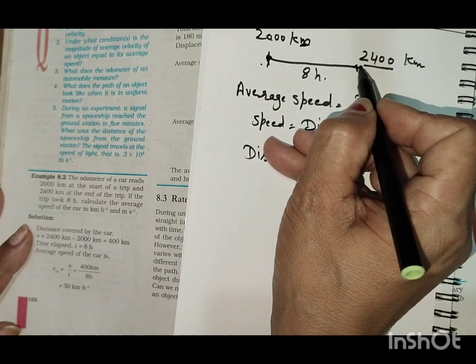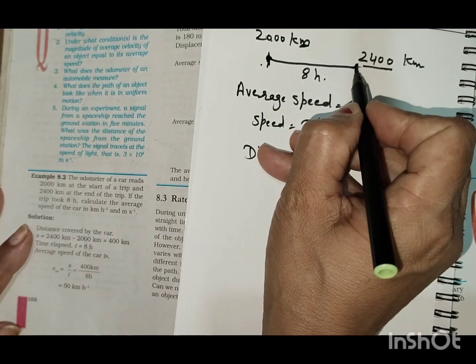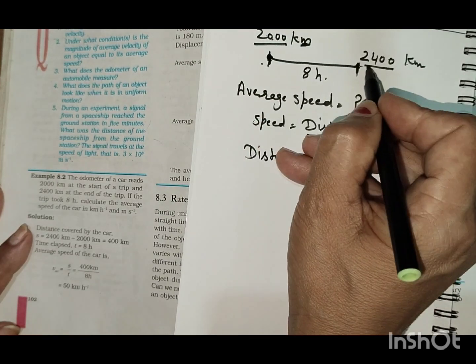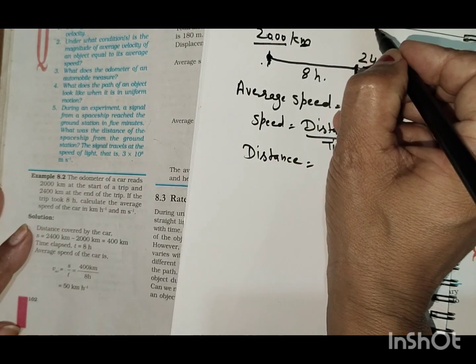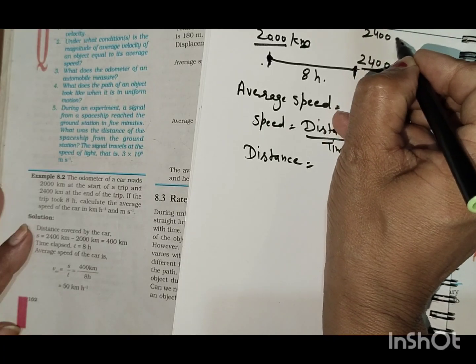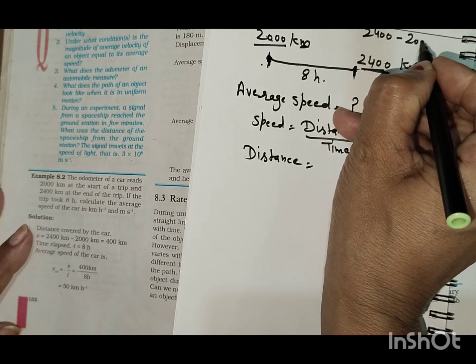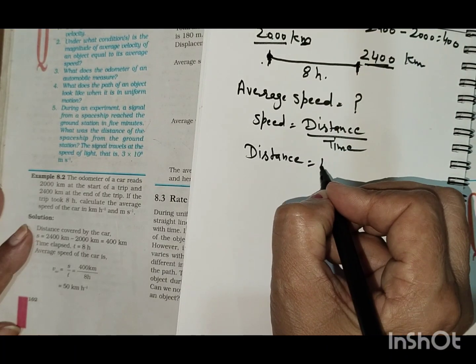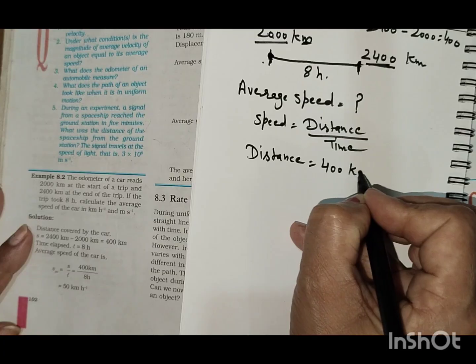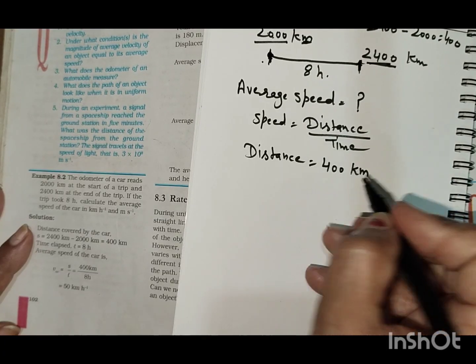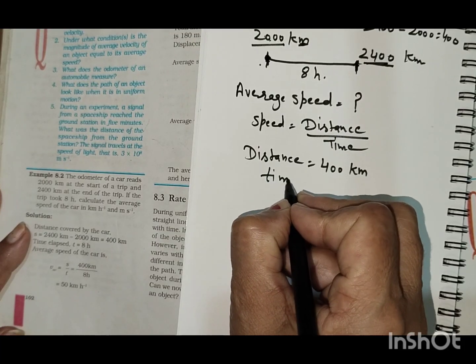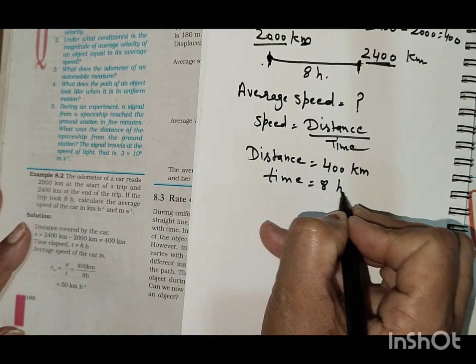We take the distance between these 2 points: starting is 2000, ending is 2400. Then we deduct 2000 from 2400 and it becomes 400 kilometer. The distance covered by the car is 400 kilometer and the time is 8 hours.